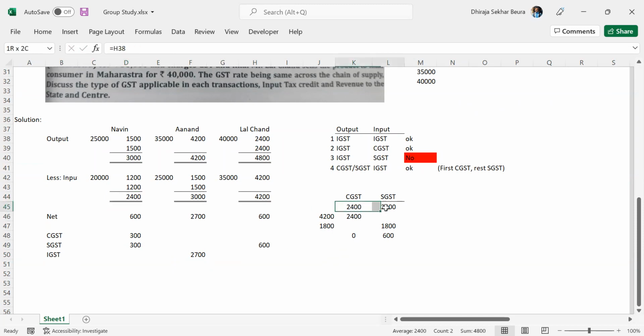So Naveen, you got 300 SGST, CGST payable, right? Correct. Then Mr. Anand, you got 1500 GST. No, this is something wrong. Here I did something wrong.